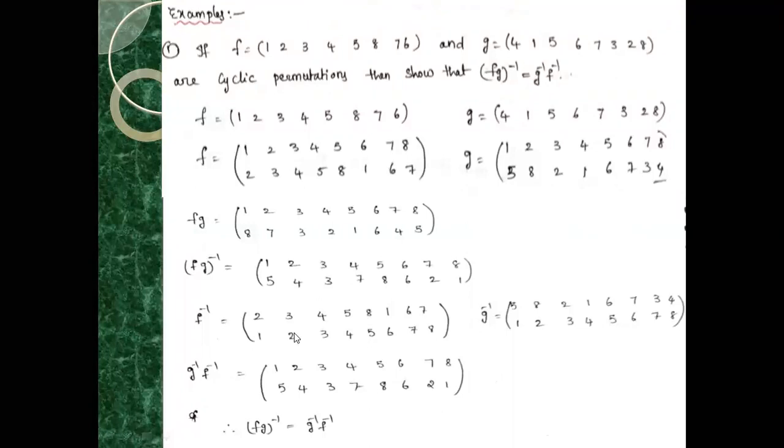Next, 8 to 5, 5 to 1. So this is the G inverse F inverse permutation. So the value of the inverse of FG is equal to G inverse F inverse. Okay. Thank you.